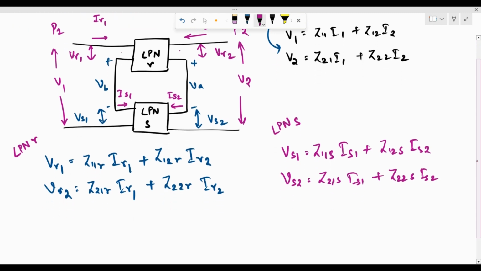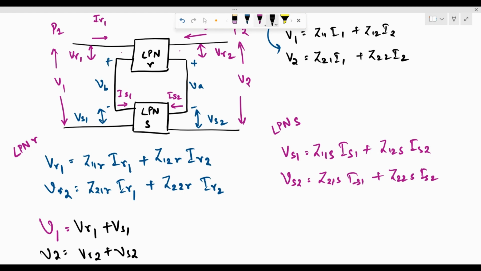Now let's look at the overall configuration of the two networks connected in series. In this case, what is V1 at port 1? So V1 overall is going to be equal to VR1 plus VS1, and V2 is going to be VR2 plus VS2. You might now be wondering what happened to VA and VB.